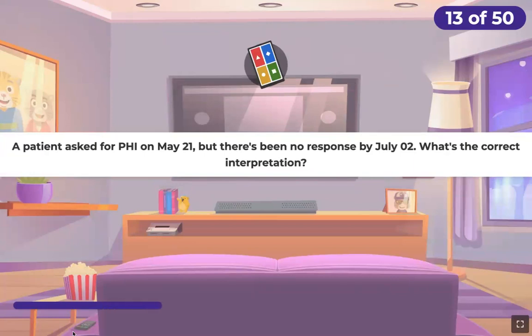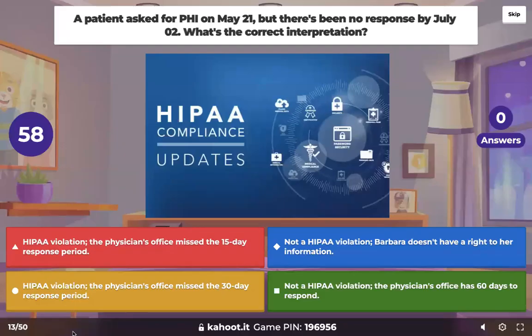A patient asked for PHI on May 21st, but there's been no response by July 2nd. What's the correct interpretation? Is it a HIPAA violation or not, and why?